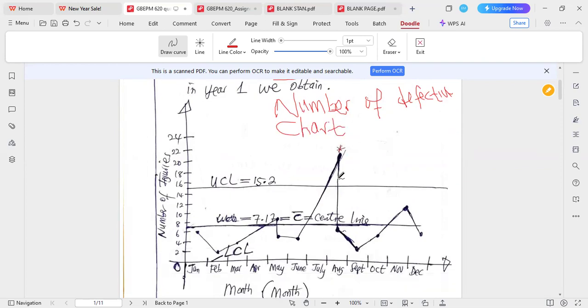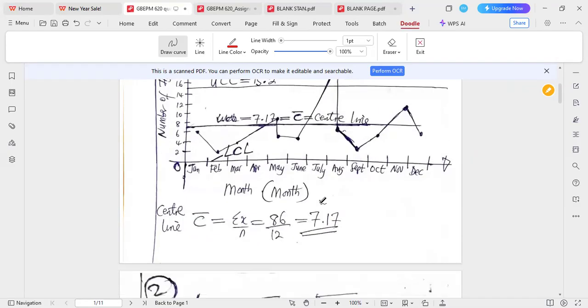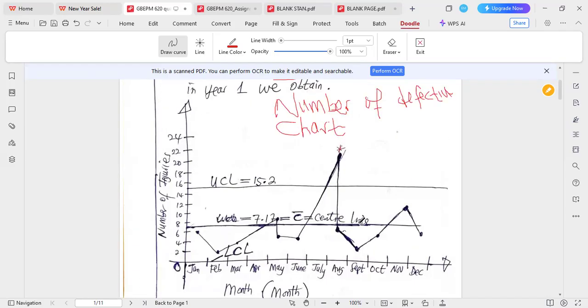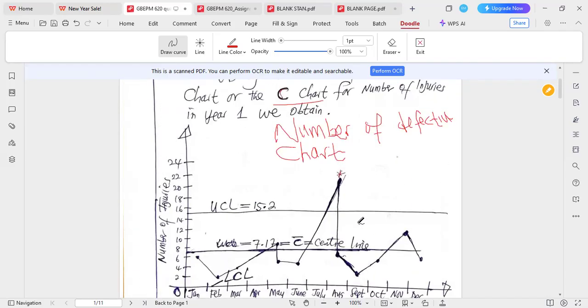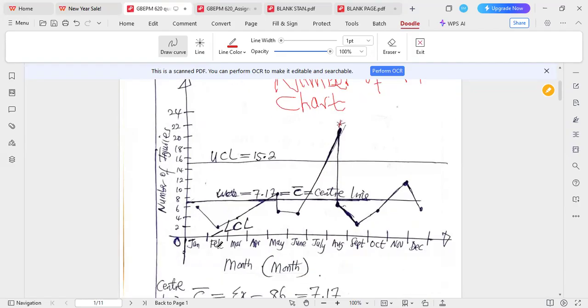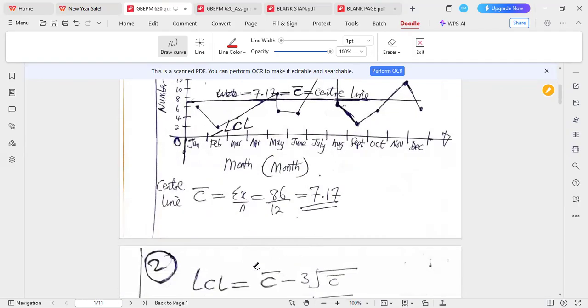So here we have the center line given by 7.17, and then of course we have the months from January to December.